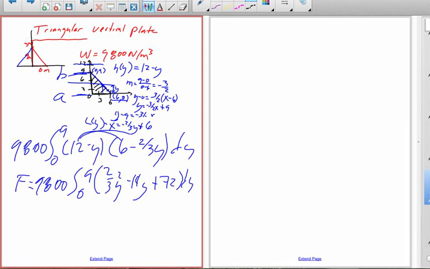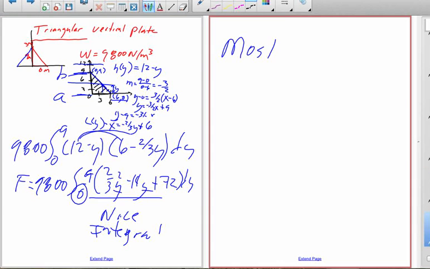This is a nice integral, and I'm not going to do it. You'll notice you end up with everything as a function of y in here, and this term is 0, which makes it really nice. So spend a little bit of time coming back through and setting up what you've got to do. Most of the work is going to be done in setting up the coordinate system.